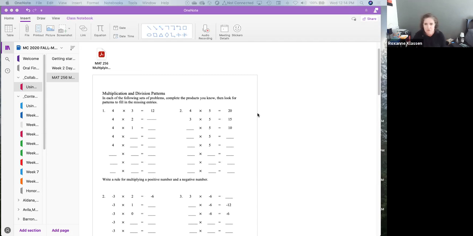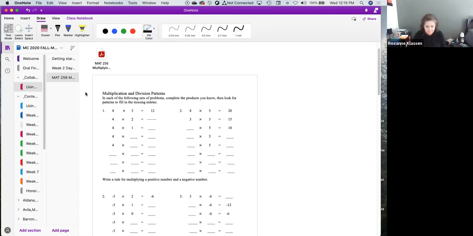So I want you to just look for patterns. For example, look down this column and notice these are all 4s. If I look vertically down the first column, it's just 4, 4, 4, 4, 4, 4. So I'm just going to continue that, and I'm going to write 4s in those spaces.